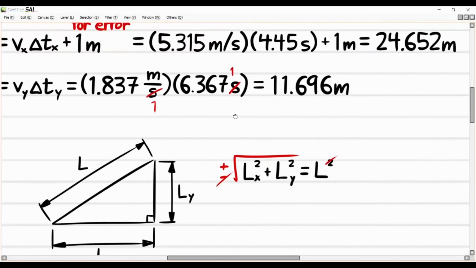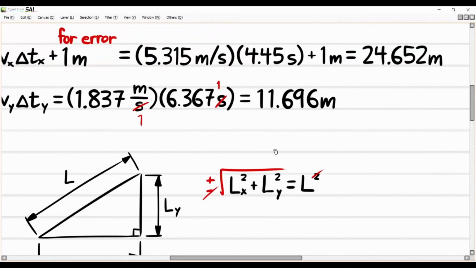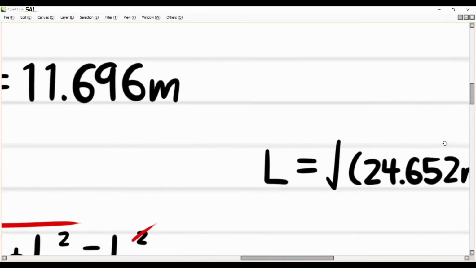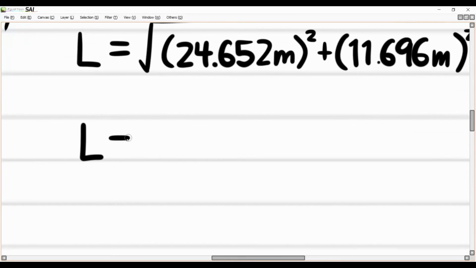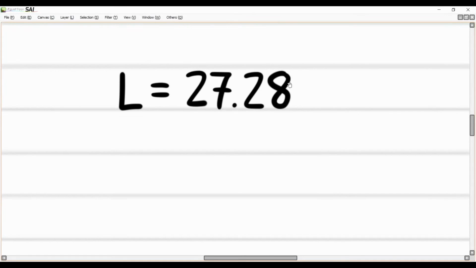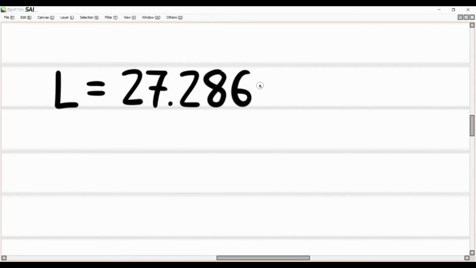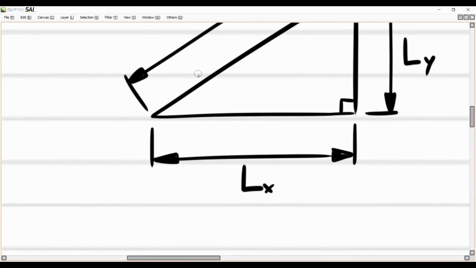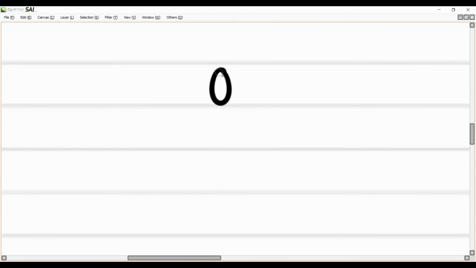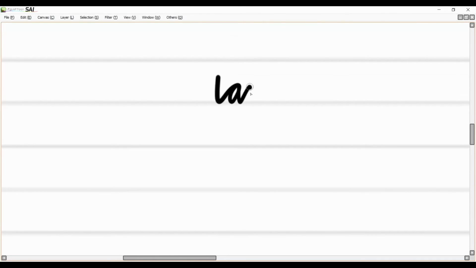We can just simply take our two numbers here. So this number squared plus this one gives 286 meters. While we're at it, we can also measure the angle here, so let me indicate this with the proper arrows. We can measure this angle theta by using the tangent function.